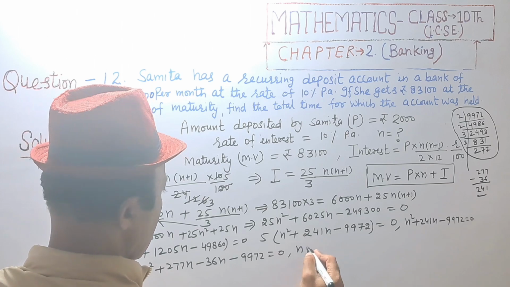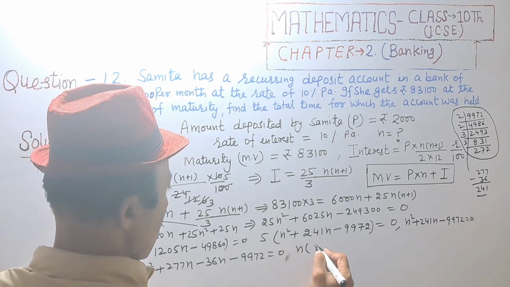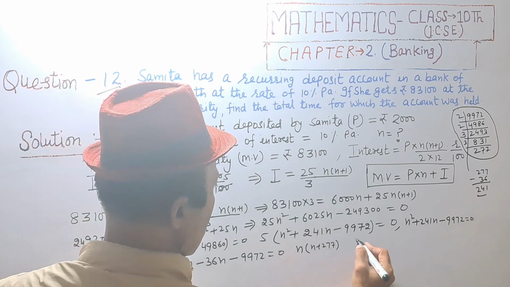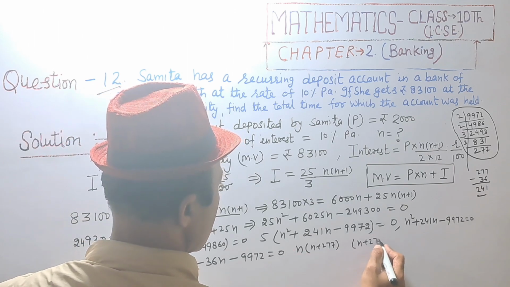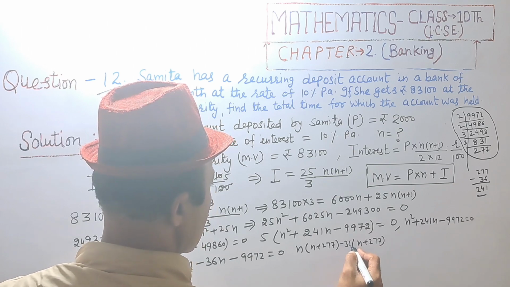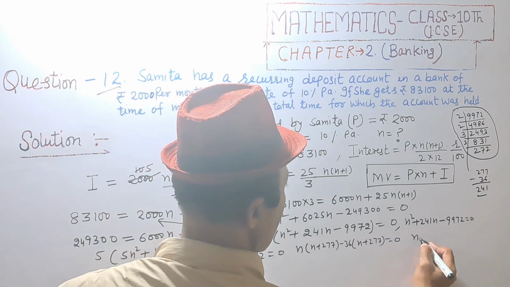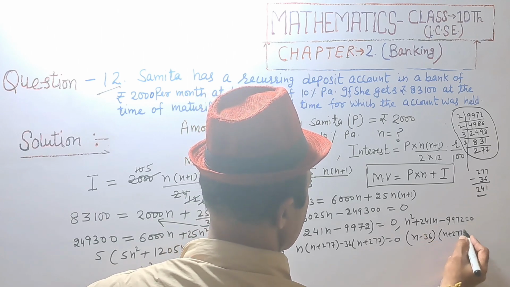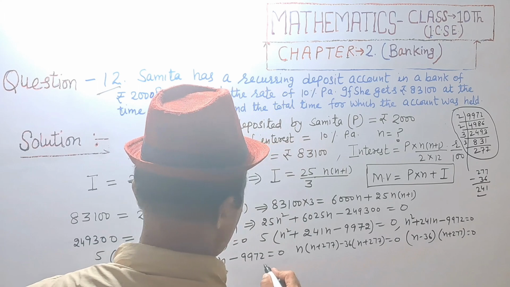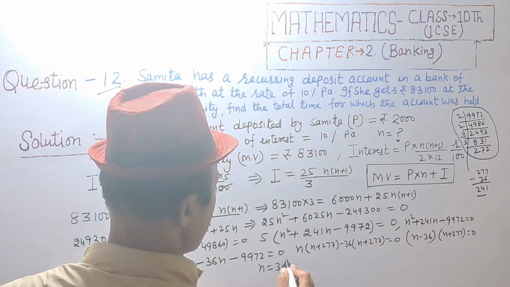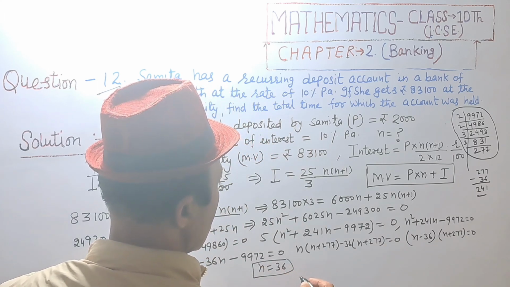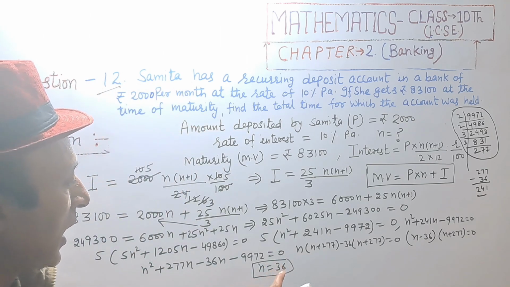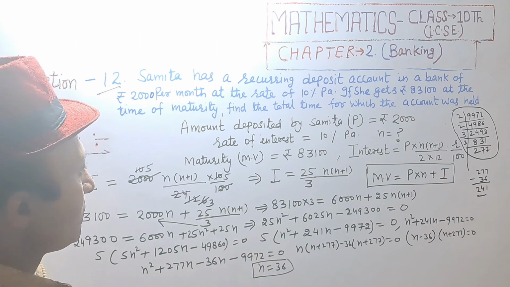So taking n common: n into (n plus 277) minus 36 into (n plus 277) equal to 0. n minus 36 and n plus 277 equal to 0. n is equal to 36, positive. n means month, so time is equal to 36 months.